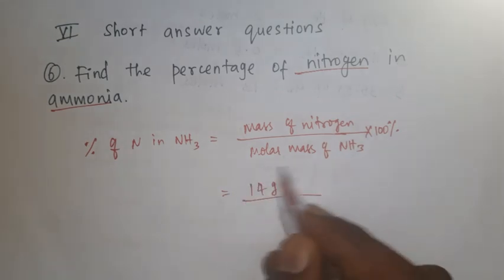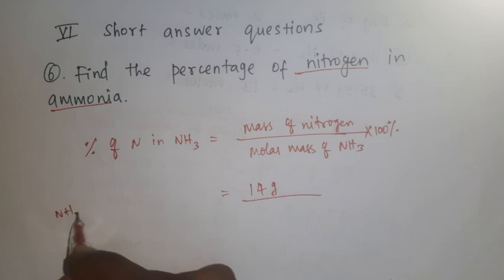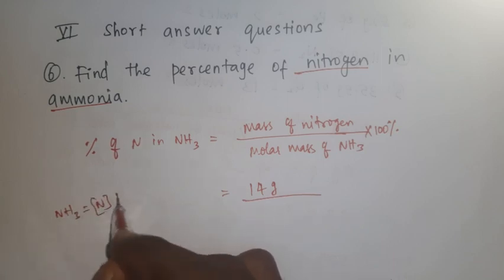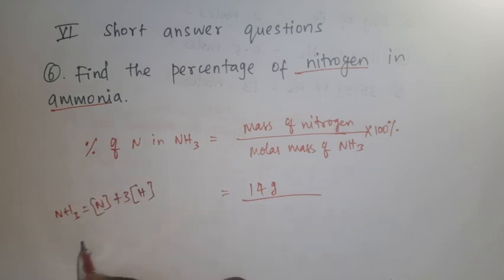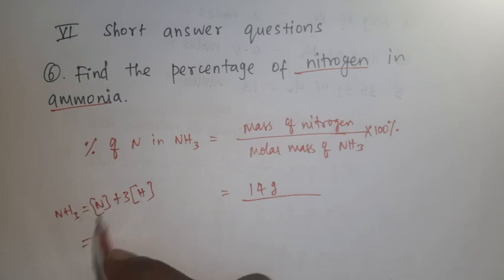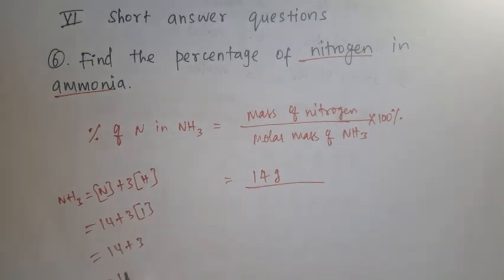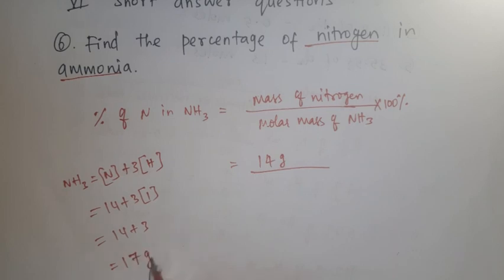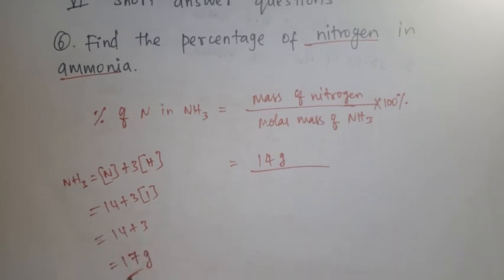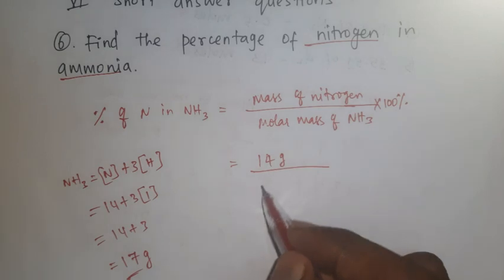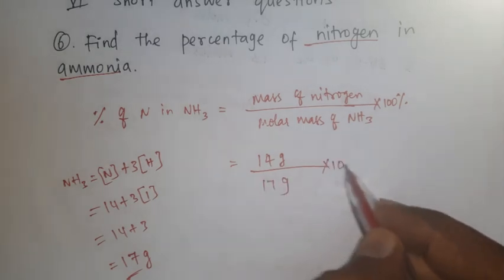Then molar mass of ammonia, NH3: we have to find N plus 3 into H. Atomic mass of nitrogen is 14 plus 3 into atomic mass of hydrogen, which is 1. So 14 plus 3 is equal to 17 gram.